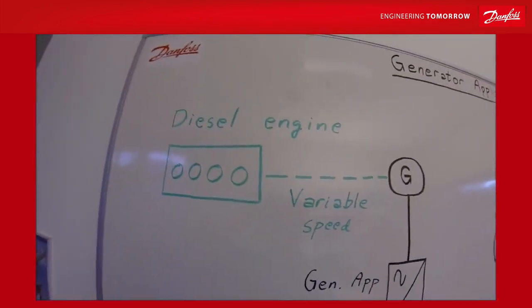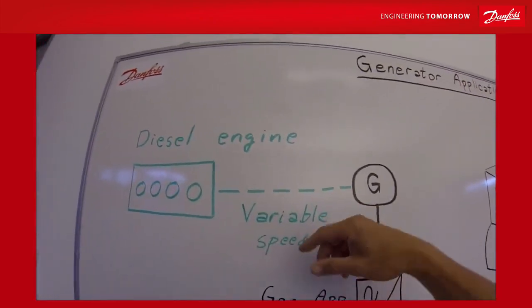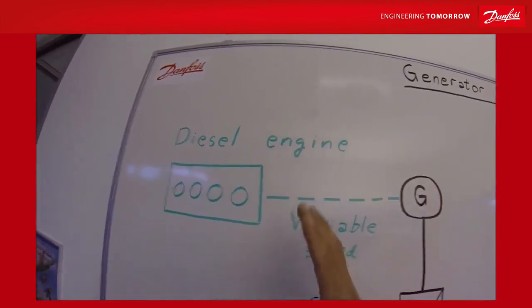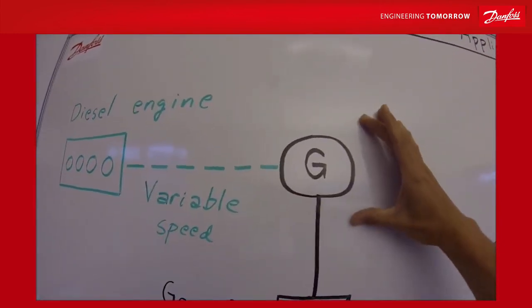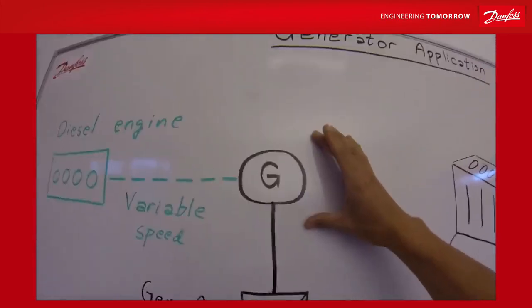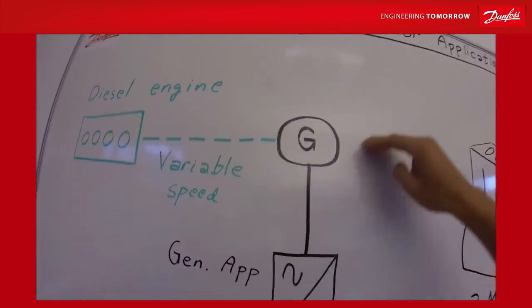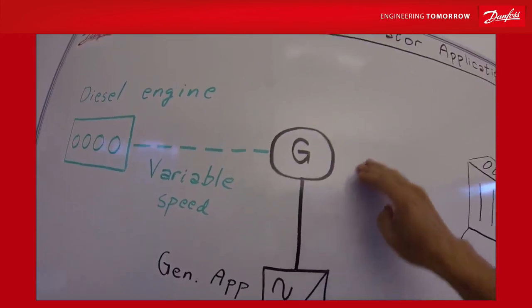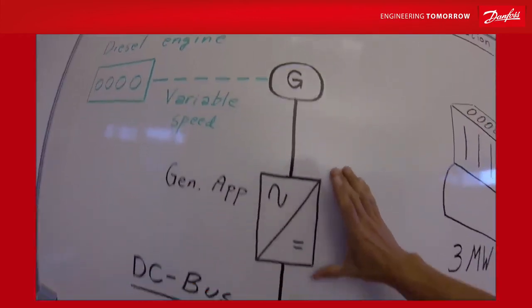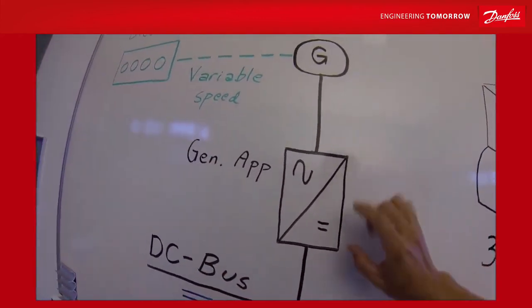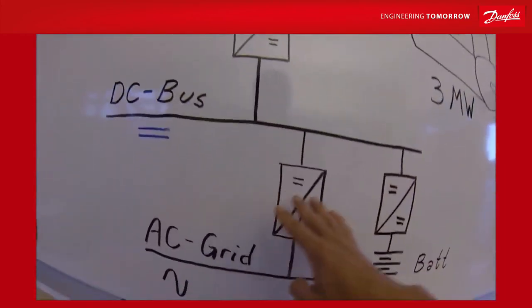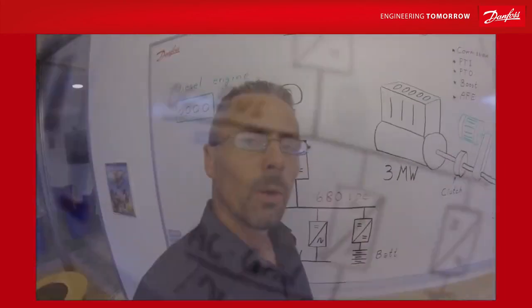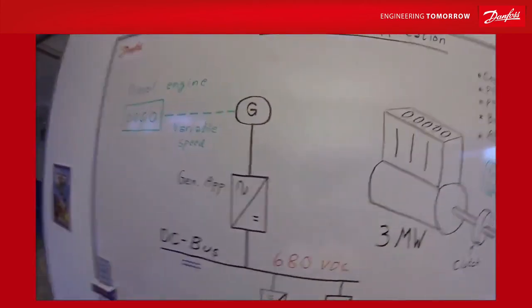The ability to run the diesel engine at a lower RPM and save fuel costs means that the synchronous generator is run at a variable frequency and variable voltage. The generator application still produces a constant DC voltage for its consumers. We can look at the generator application in a simplified way.